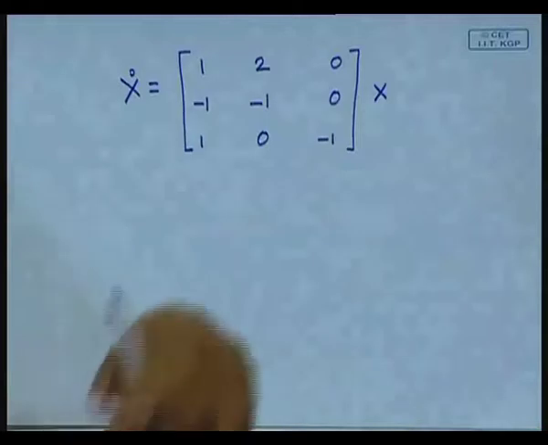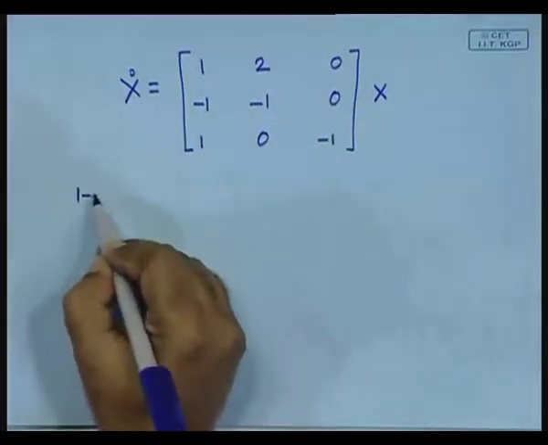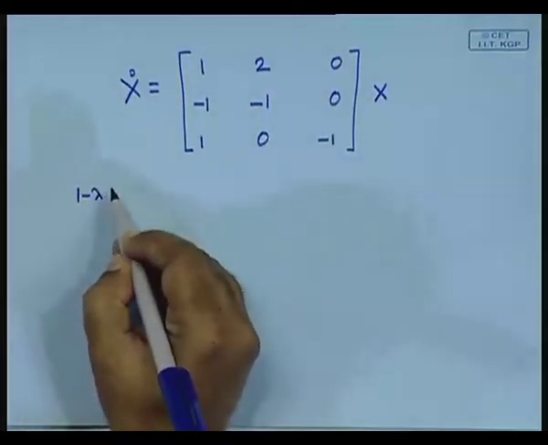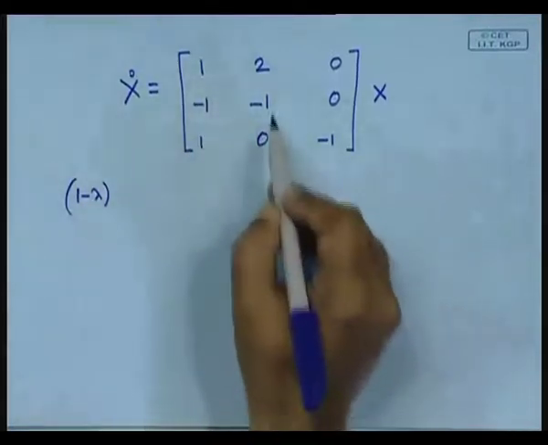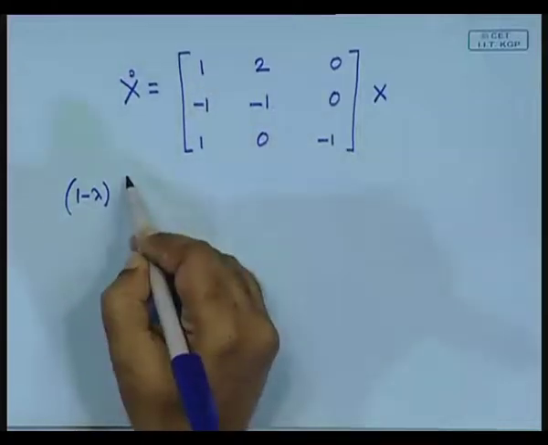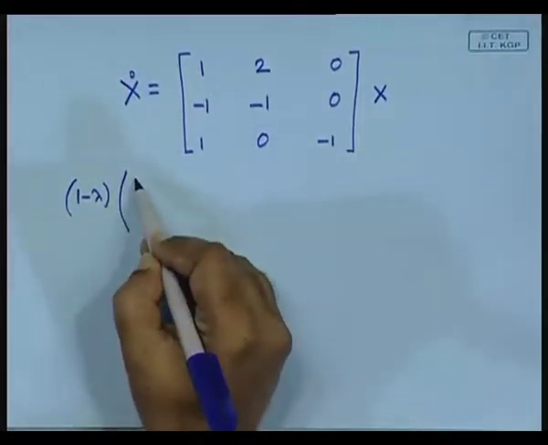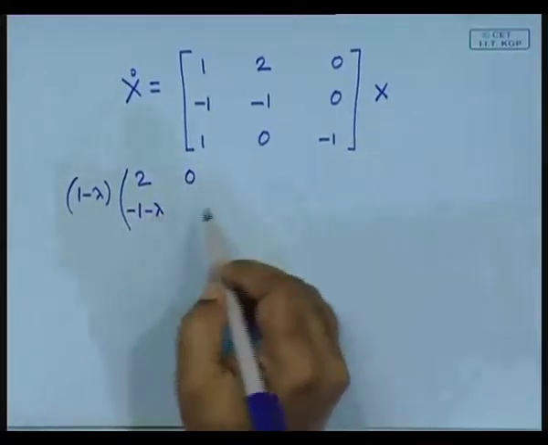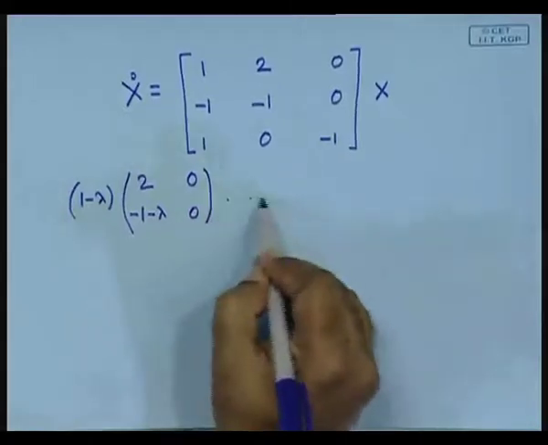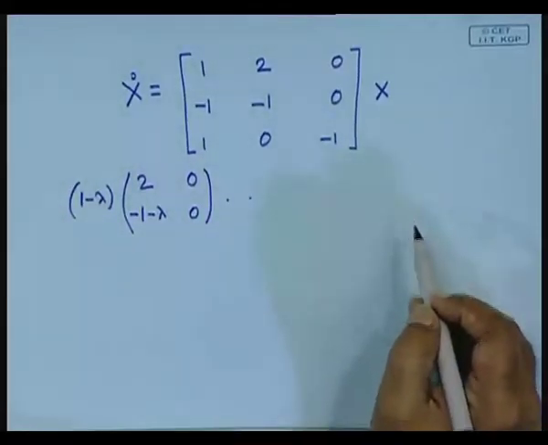Quickly do this. It will be 1 minus lambda, 1 minus lambda, so it will be times 2, 0, minus 1, minus lambda, 0 and all that. Just write it correctly.